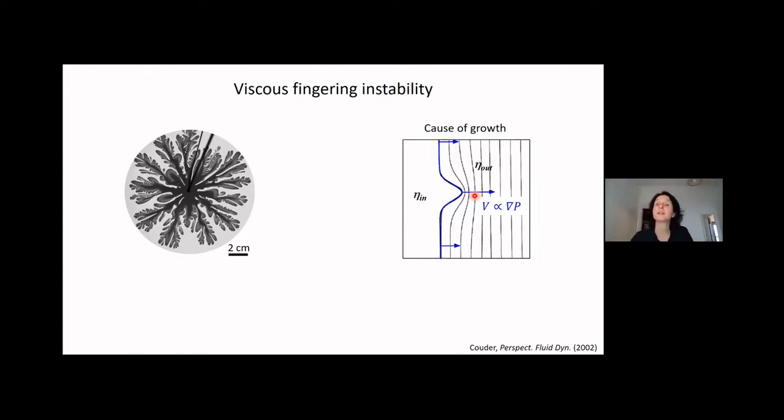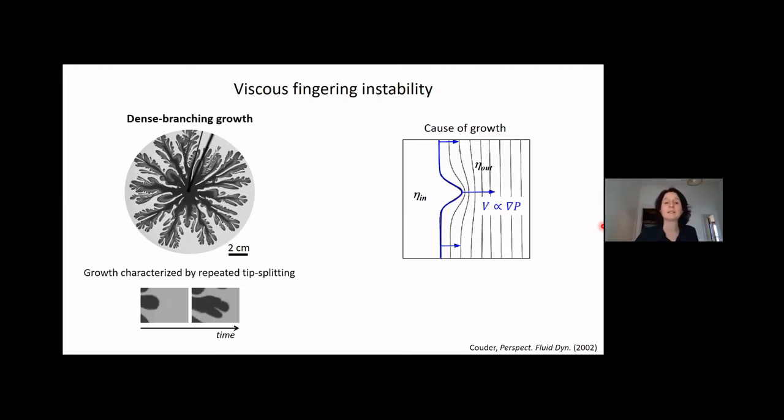As a result, the pressure gradient is locally larger in front of the perturbation, and so is the velocity. This leads to an amplification of the perturbation and to the growth of the fingers. This viscous fingering instability is characterized by repeated splitting of the advancing fingertips, which leads to many generations of fingers and these ramified patterns, which belong to the class of dense branching growth.